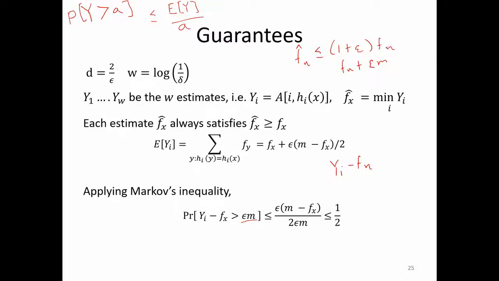But you remember that we are only looking for frequent items, so items with true count greater than epsilon m. So we also have a guarantee in terms of this: if f of x is greater than epsilon m, then epsilon m is something like epsilon square m.